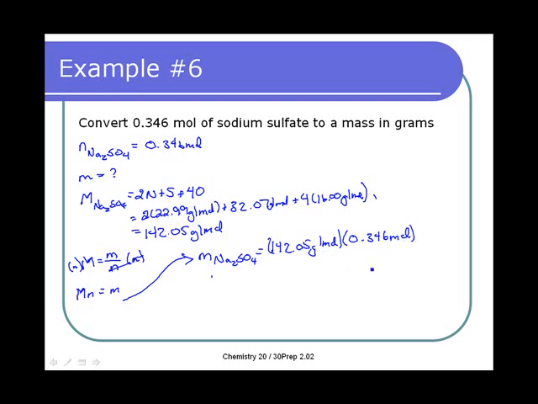And so we get 49.1493, and our moles canceled, so our answer is in grams. And then we go through and check our sig digs. We're allowed 3 sig digs, so 49.1 grams.